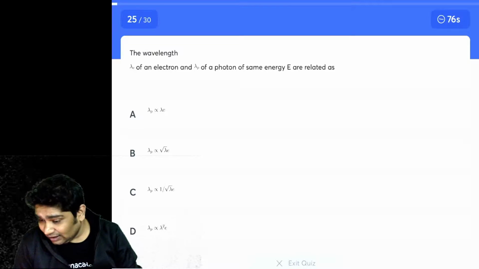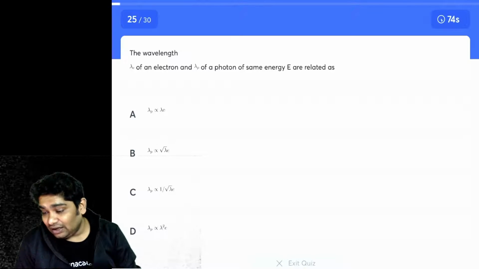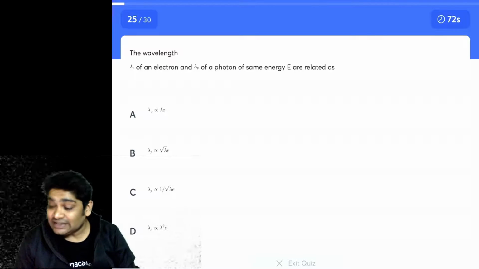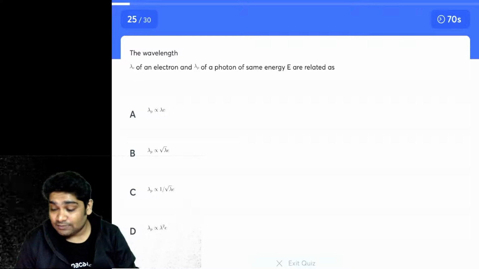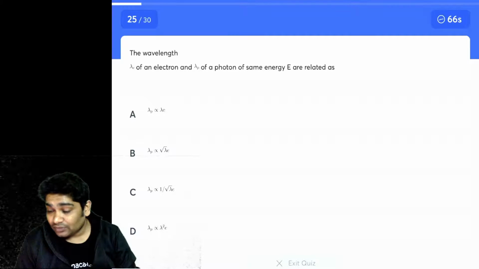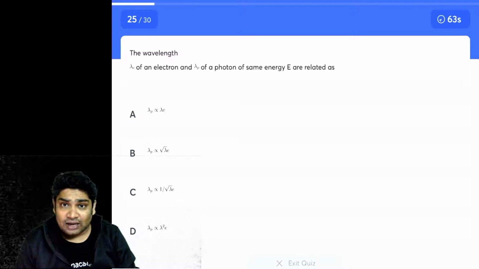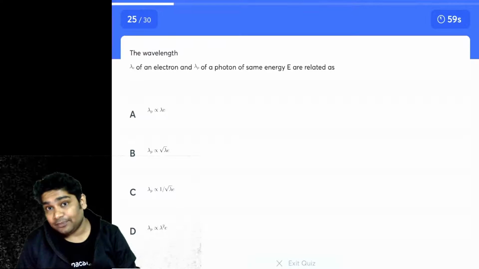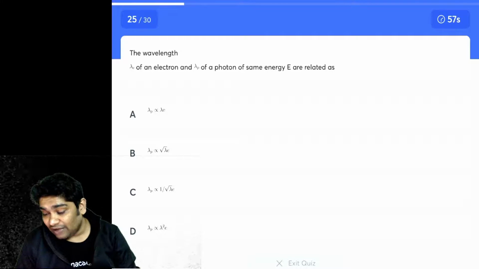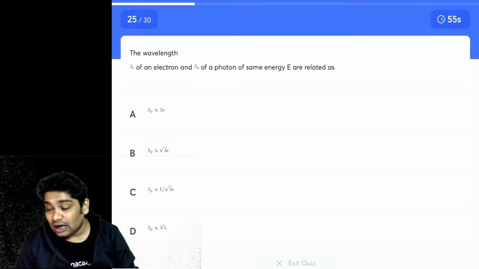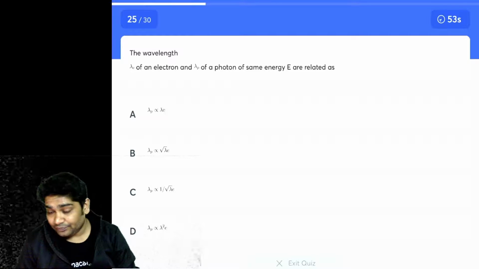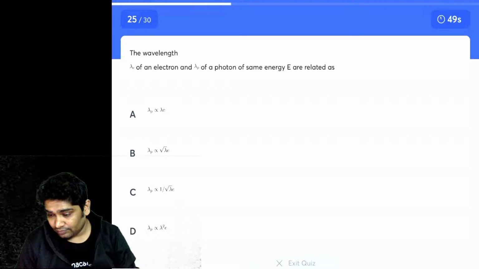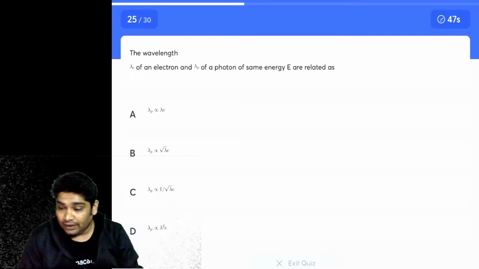The wavelength lambda E of an electron and lambda P of a proton, which have the same energy, are related as. If the wavelengths of an electron and a proton have been given, and both of them have the same energy, then how are the lambdas related?